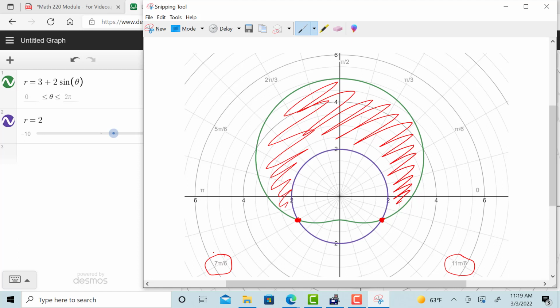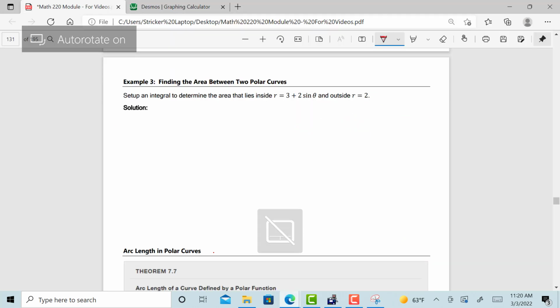Well, just like with Cartesian coordinates, the way we find where two curves intersect is we set them equal to each other. And so we're going to do the same thing here. Let's go back to our notes. And we'll make a little note here.